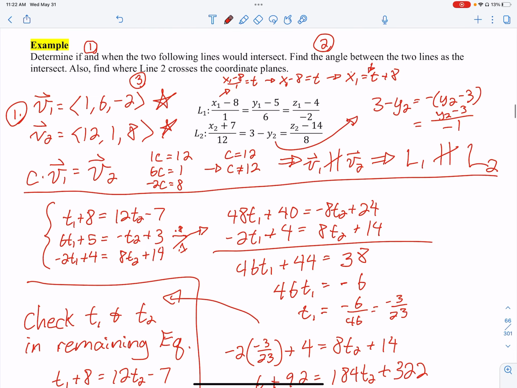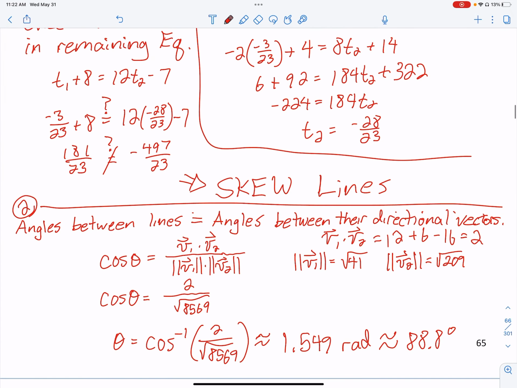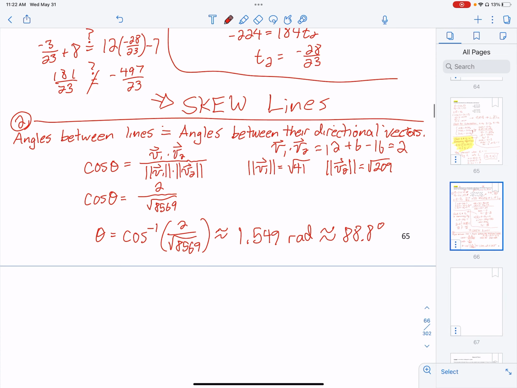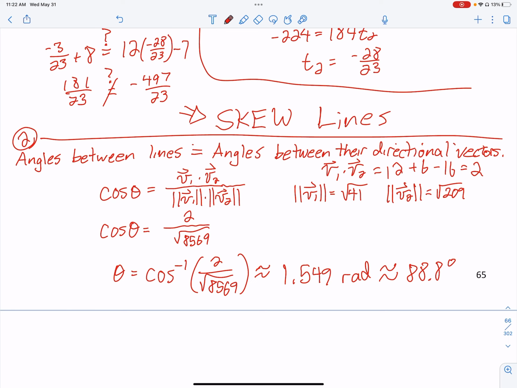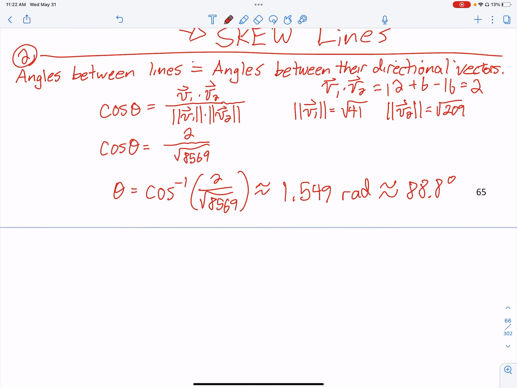3 says, also find where line 2 crosses the coordinate planes. All right, so to find this, let me add a page to this. Crossing the coordinate planes. Okay, what I mean by coordinate planes are like the XY plane, XZ plane, and the YZ plane.